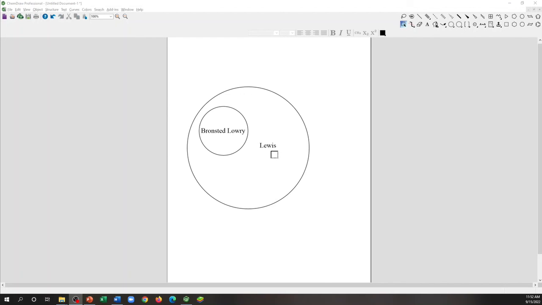The Lewis acid base is a broader definition that incorporates everything that is a Bronsted-Lowry base or acid and then adds to it. So the Lewis definition encompasses everything that Bronsted-Lowry communicated, but then gives us more things that are acids and bases. And we're going to do a bunch of organic chemistry out here that we can think about as acid-base chemistry that's not the Bronsted-Lowry acid-base chemistry that you learned in general chemistry.